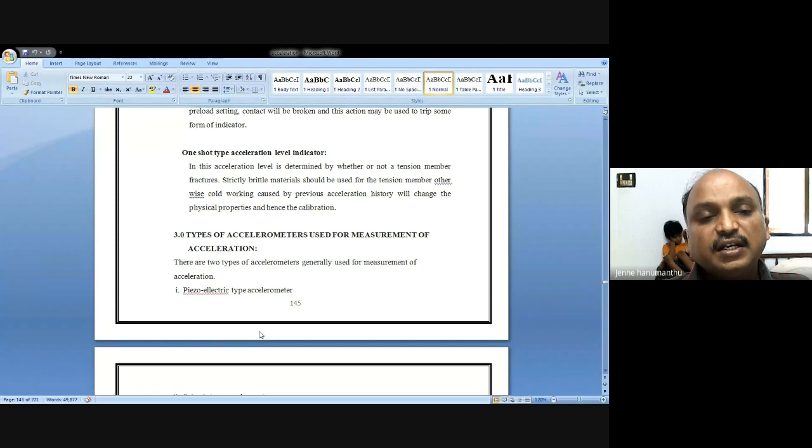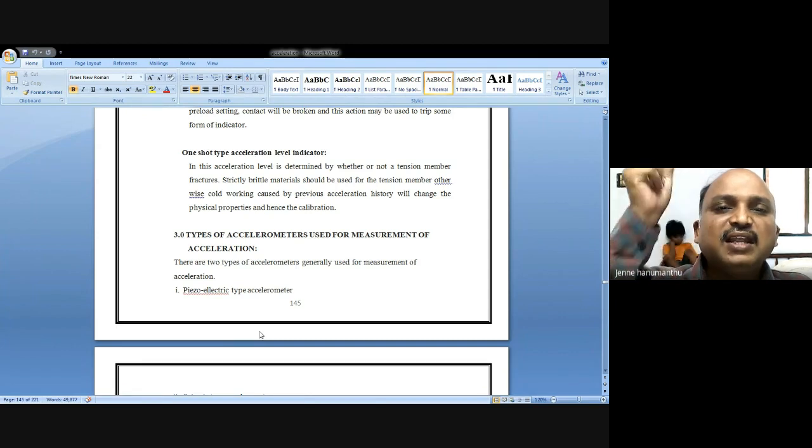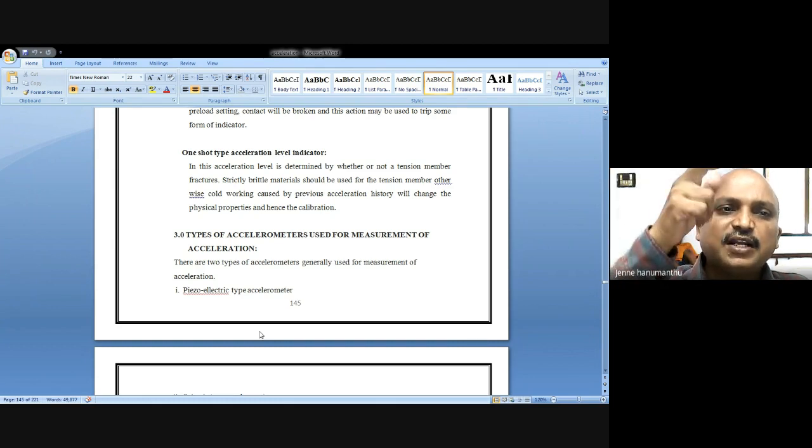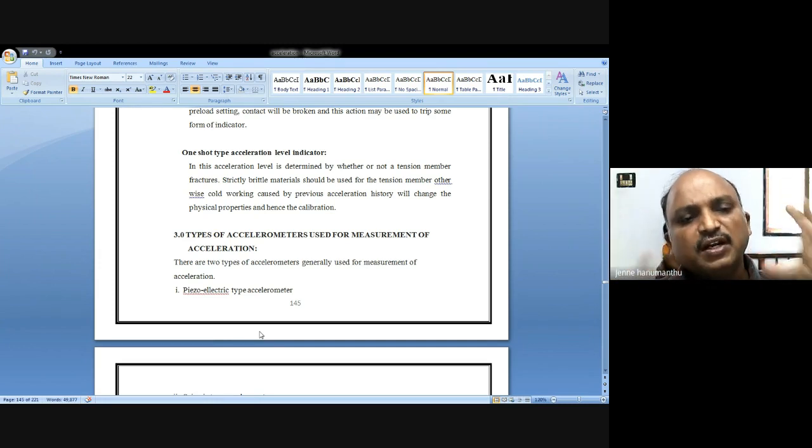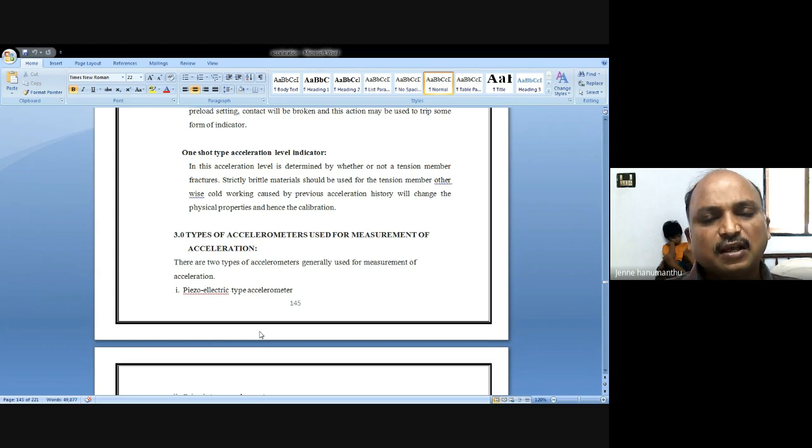With these crystals, you can convert any stress, strain, or mechanical force, mechanical pressure into an electrical signal. The electrical voltage is always proportional to the input we apply. This is the basic principle of the piezoelectric type transducer.